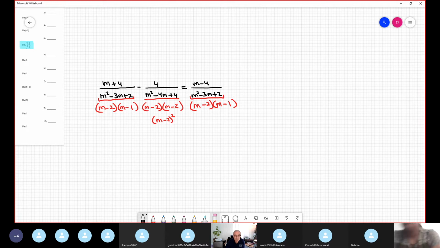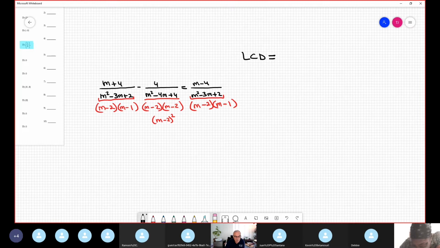Now, the least common denominator. Be careful, because the rule for finding the least common denominator is: you take every factor, no omission. What are the factors in my problem? m minus 2 and m minus 1. But how many? You take the majority, with no repetition.